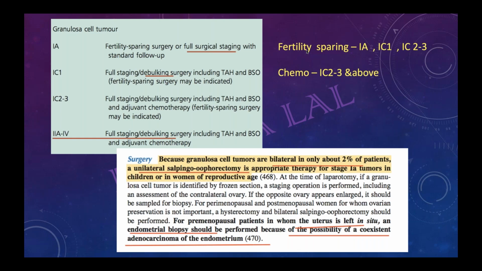For the rest, if inadequately staged, chemo would be required. And for more than stage 1, it is full complete staging and debulking surgery followed by adjuvant chemotherapy. Just remember that basic also, because they are not asking too many details about each tumor staging.